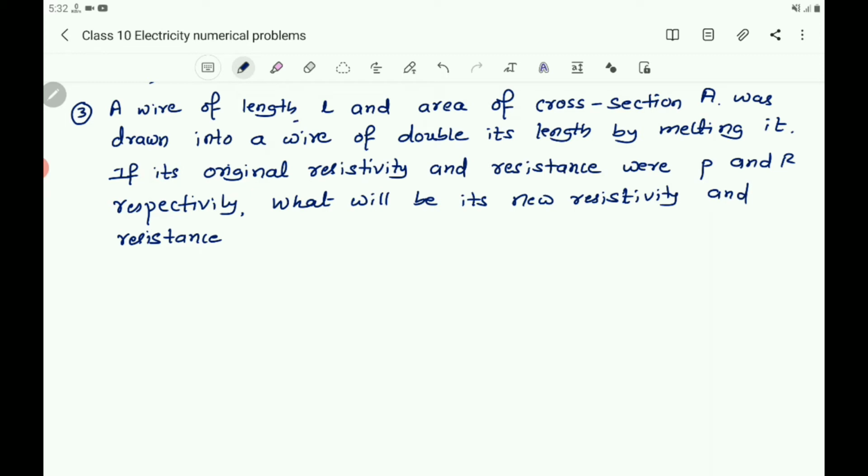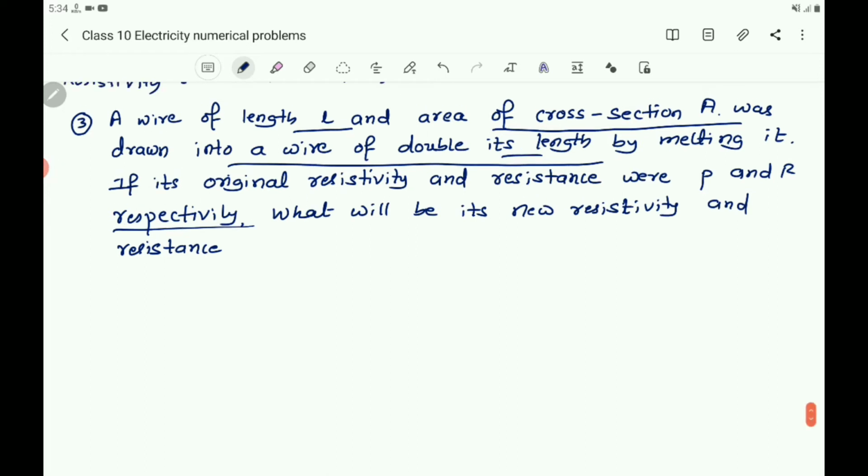So, a wire of length L and area of cross section A was drawn into a wire of double its length by melting it. If its original resistivity and resistance were rho and R respectively, what will be its new resistivity and resistance? So, let us take here the wire is melted to form the wire of double its length, means the volume will remain same.